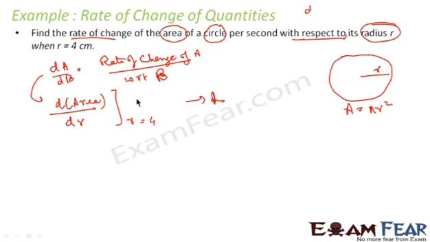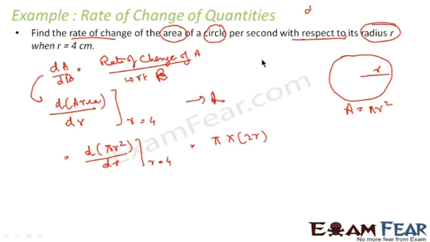Now we have to find the value. I know A is nothing but pi r square. So this is nothing but d of pi r square by dr at r is equal to 4, correct? So if you find d of pi r square with respect to r, pi is constant, r square becomes 2r.